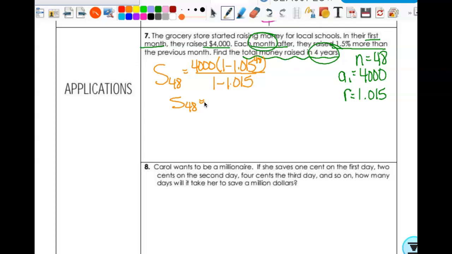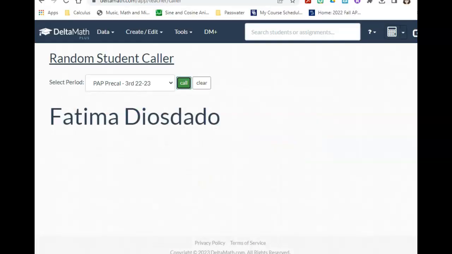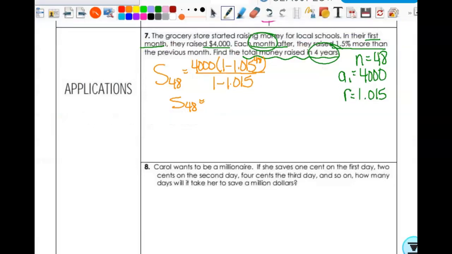So would a fraction make sense? No. Would 3 decimal places make sense? No. So do what would make sense since we are talking about money. Daniel, once you get an answer, let me know what you got.